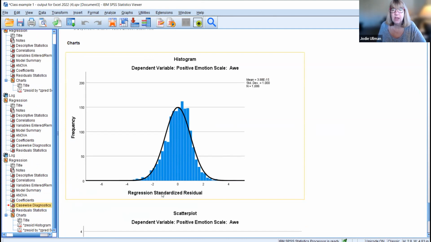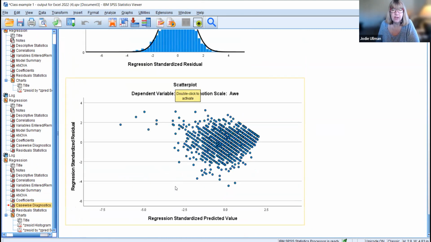These are the residuals. I'd be the first one to say that SPSS doesn't do a very good job of graphing for us. These residuals aren't particularly normal, except they look like they are, but I typically don't use that. Here's the scatter plot.